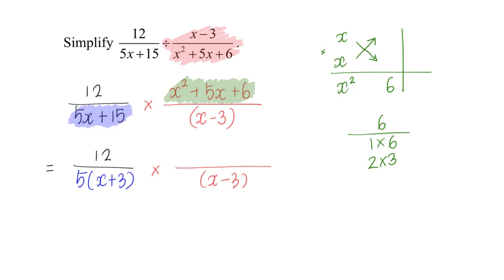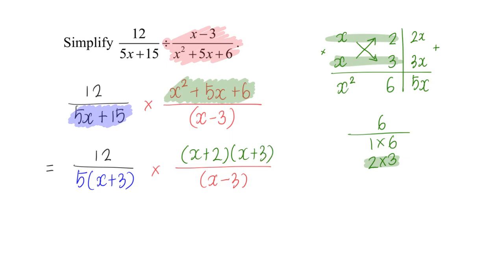Which pair will enable me to get my 5x? Yup, 2 times 3, because then I will have 3x plus 2x. Then they will give me back my 5x. And so this will be the factorized form for x squared plus 5x plus 6.